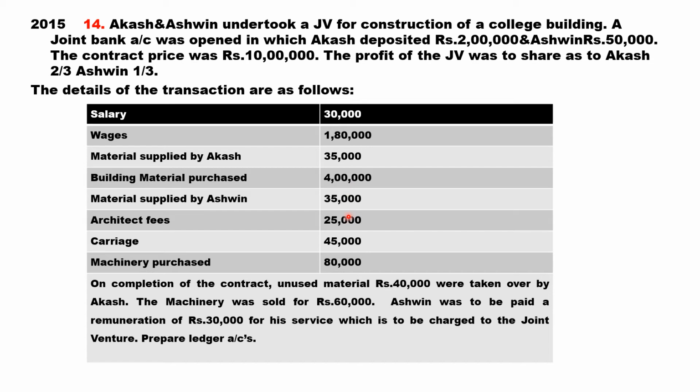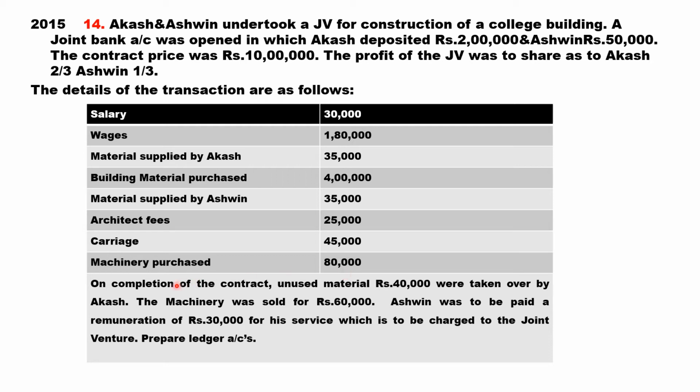Material supplied by Ashwin, joint venture, co-venture. Architect fees, joint venture, joint bank. Carriage, joint venture and joint bank. Machinery purchased, joint venture and joint bank.